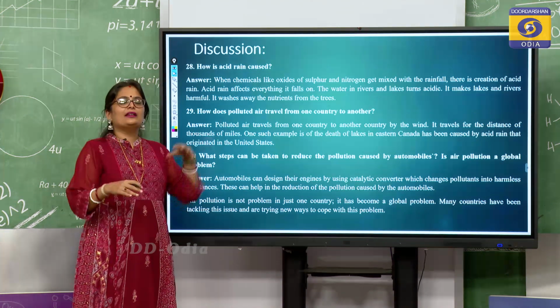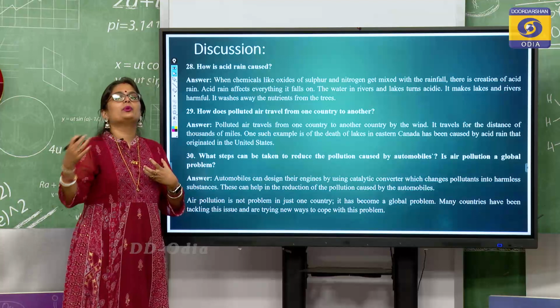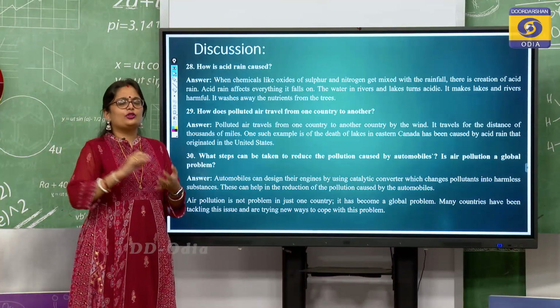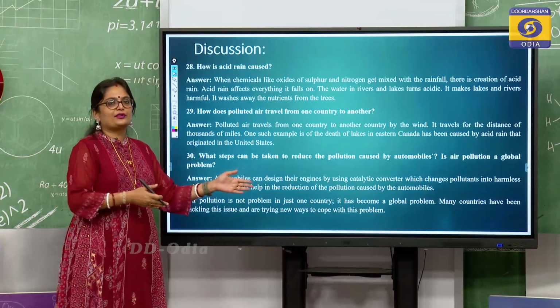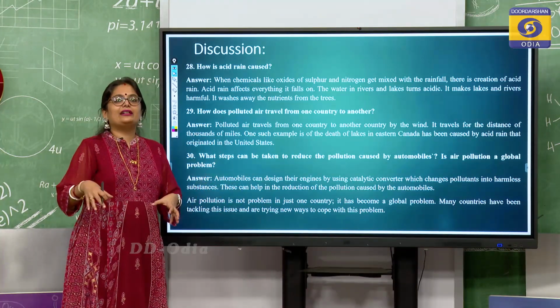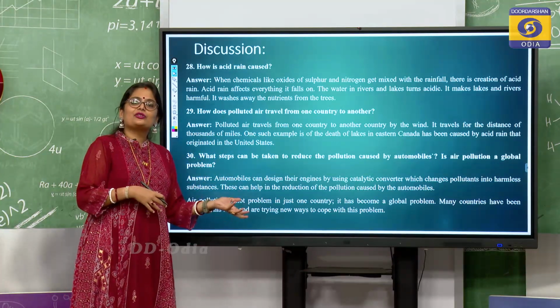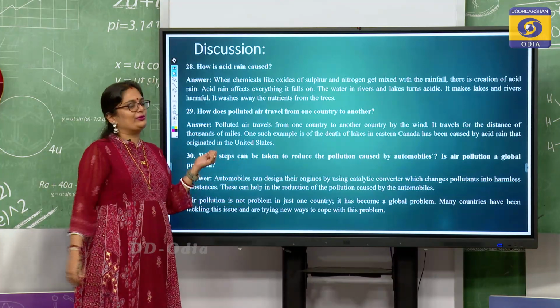For example, if in one particular country there is a pollutant, it can travel by wind and cause damage in another country. You must have heard of wildfires. They cross borders. For example, the Amazon forest is a huge forest. Supposing there is a wildfire, it will cross the border and enter other countries also and cause damage there. So also is the case of air pollutants.